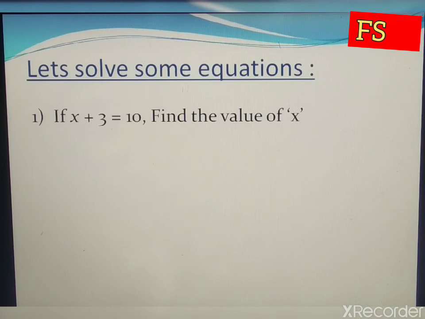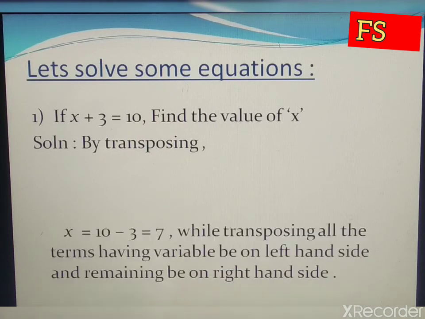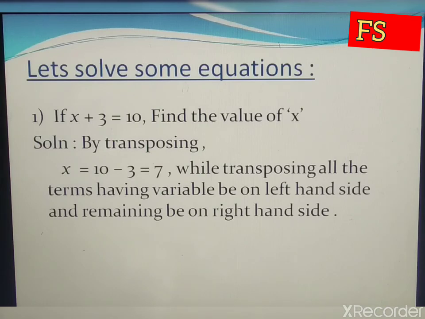Number 1. If x plus 3 is equal to 10, find the value of x. So by transposing, I think you all know that transposing means bringing the terms from one side to the other side of the equality sign. In the question we have x plus 3 is equal to 10.